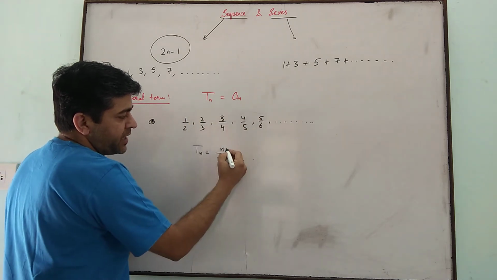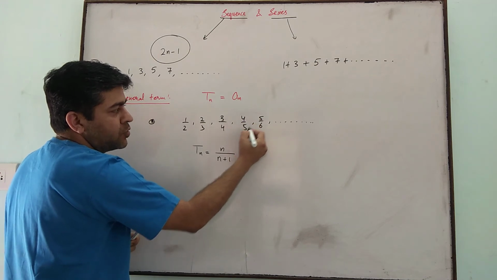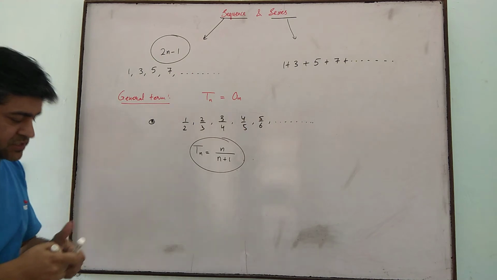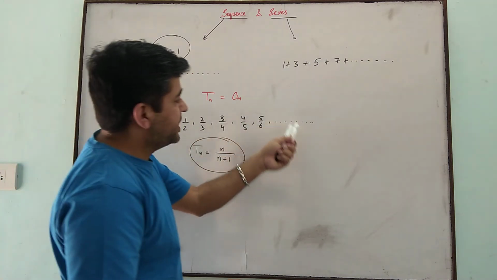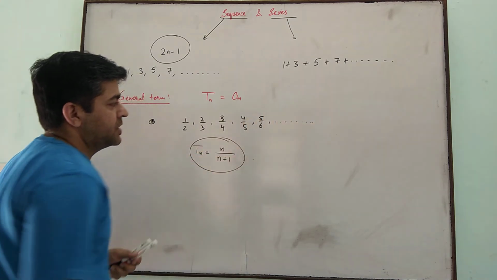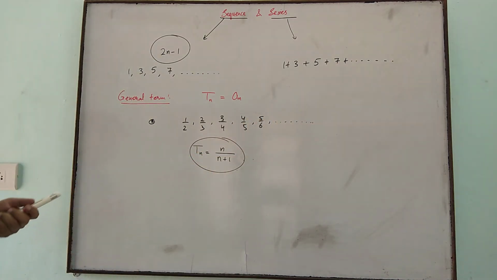And the denominator is 1 more than the numerator, so it is n upon n plus 1. So you can find its next term by using the general term, or by adding 1 in the numerator and denominator.